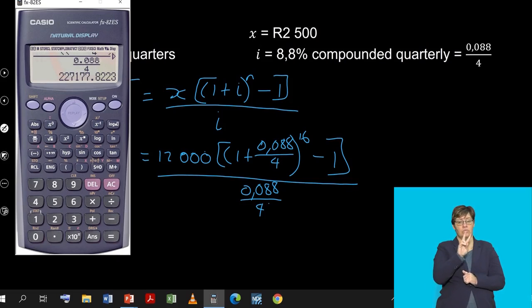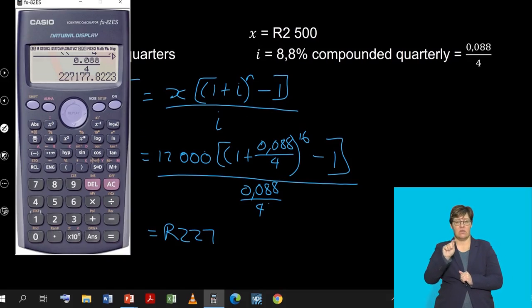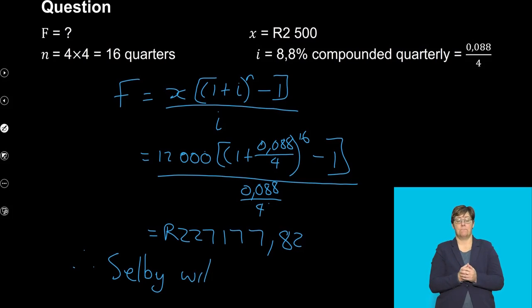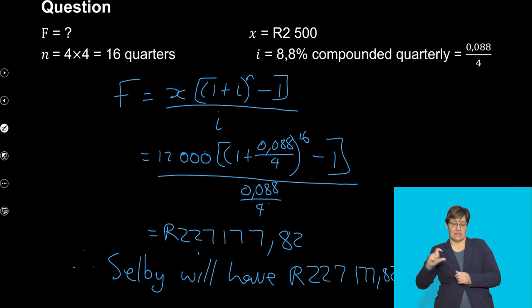And this will be 227,177.82. That's how much Selby will have at the end of the 4 years.